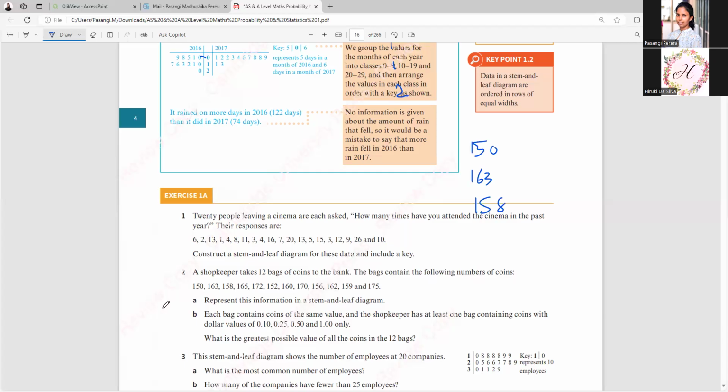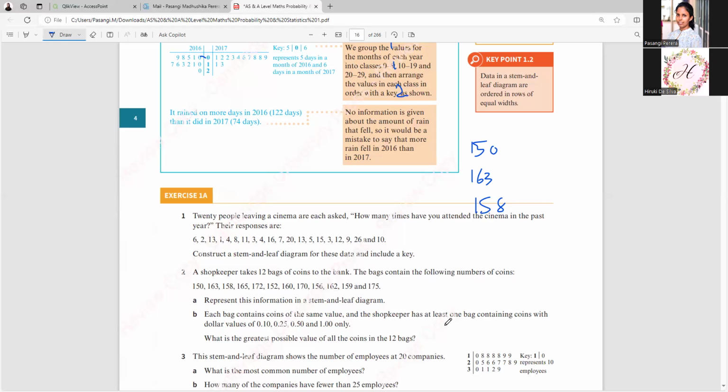Then they are saying each bag contains coins of the same value, and the shopkeeper has at least one bag containing coins with dollar values 0.10, 0.25, 0.50, and 1.00 only.